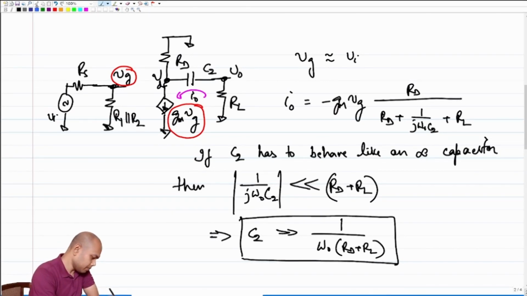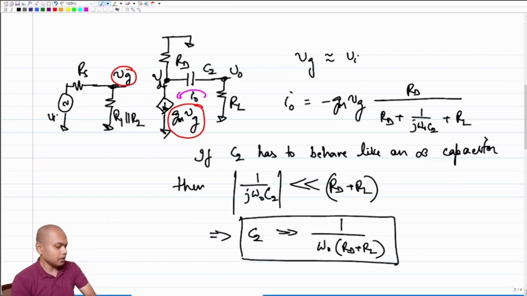network, what do we see in the incremental network? The current i naught was getting divided between the branch on the top in RD and the branch on the right. That current would prefer to go to the branch on the right if RD was much greater than RL. I'm obviously assuming C2 is infinitely large.